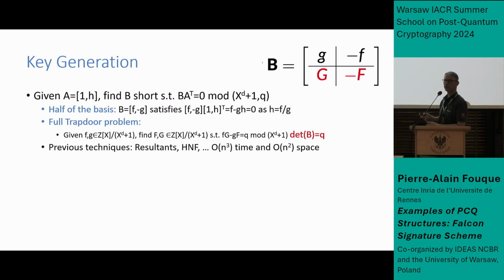There are previous techniques to solve this problem, and some of them use resultants or HNF. The running time of this algorithm is n cubed, and the space is n squared, so this is polynomial time and space. However, if you want a very efficient scheme, they are not efficient, because n to the 3 will be around 2 seconds, and you need 2 seconds to generate the secret key, which is not exactly what we want.